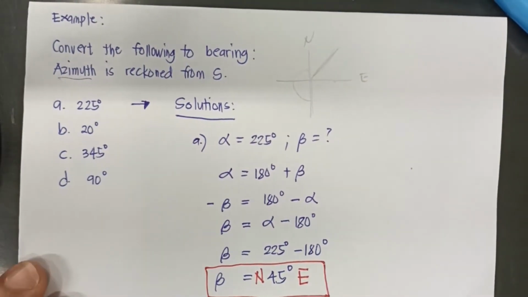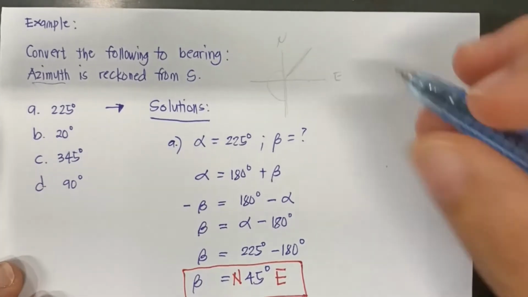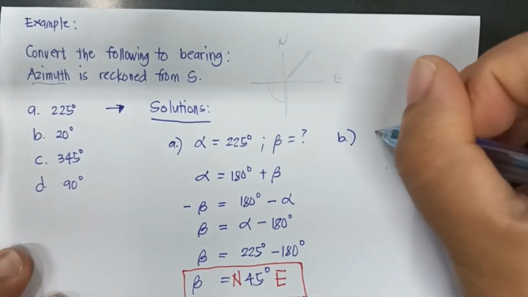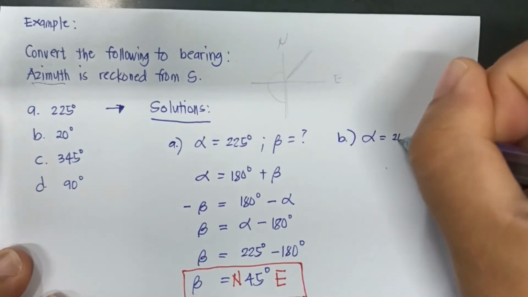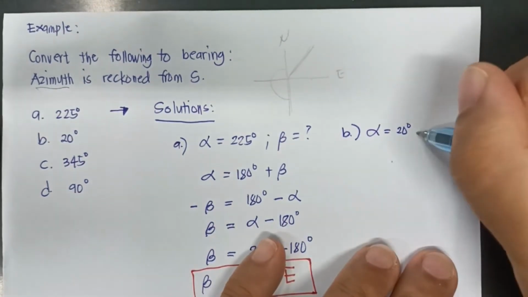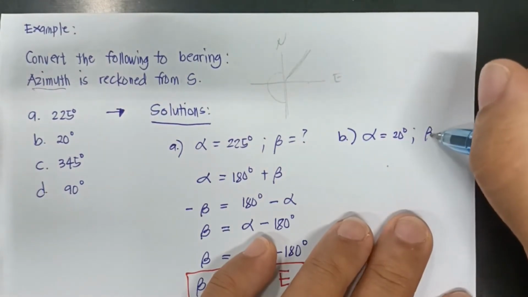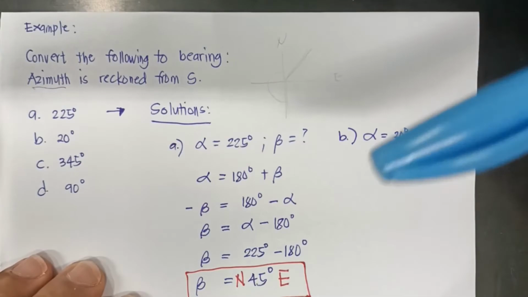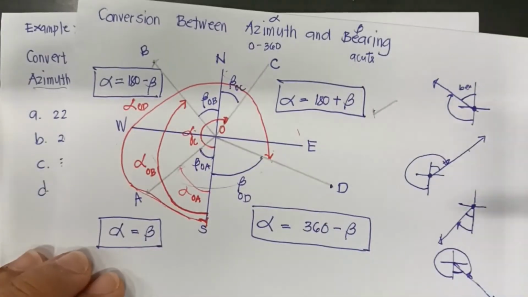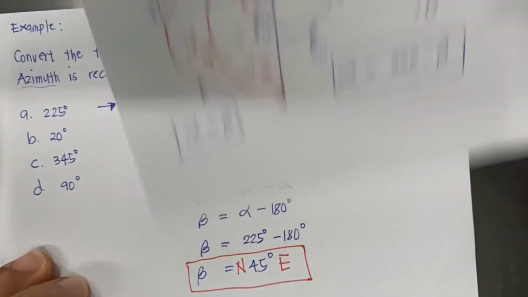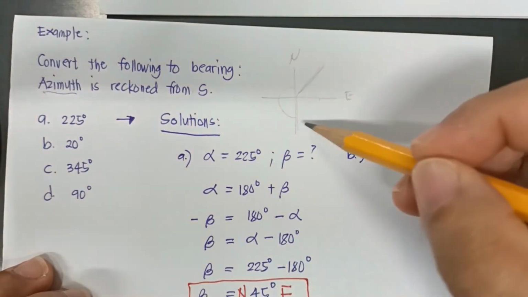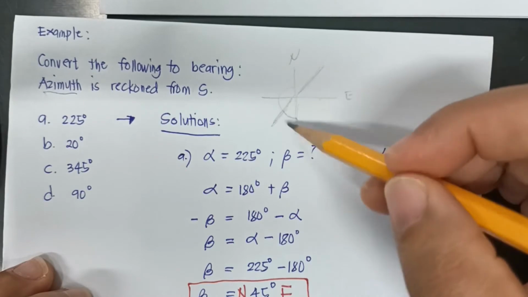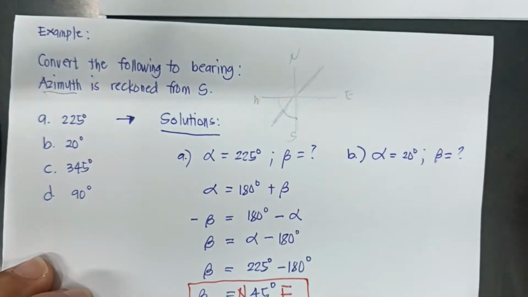Okay, another one, you have B. For B, you are given the azimuth, which is 20 degrees, and asked to solve for beta. In what direction is this? 20 degrees is here, starting from 0, so it's somewhere here in the southwest quadrant.